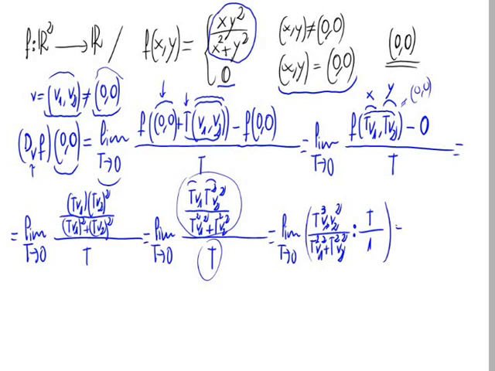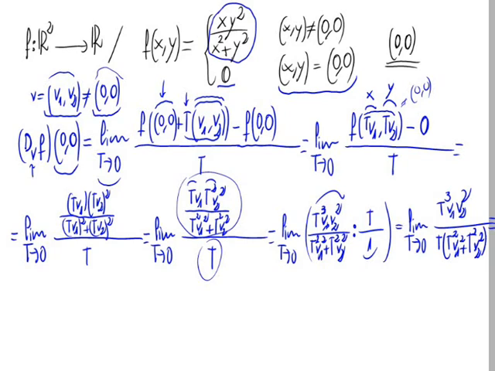So this limit would be the limit when t approaches 0 of a cross multiplication, that is t cubed times v1 times v2 squared, and the denominator would be t times t squared v1 squared plus t squared times v2 squared.